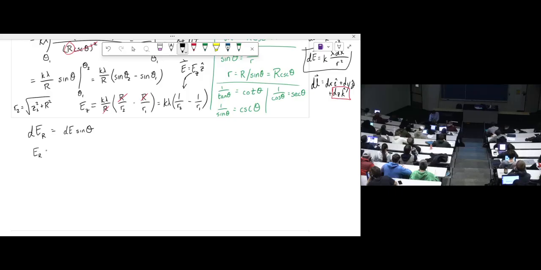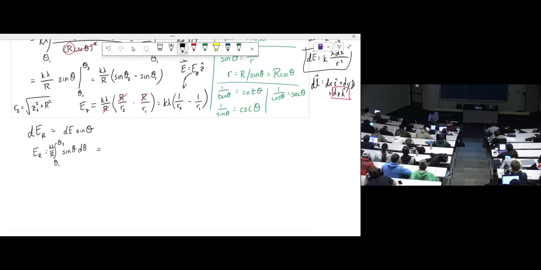We get E sub r is equal to the integral, in this case, you end up getting your r's and everything cancels, except you get k lambda over r times the integral from theta 1 to theta 2 of sine theta d theta.